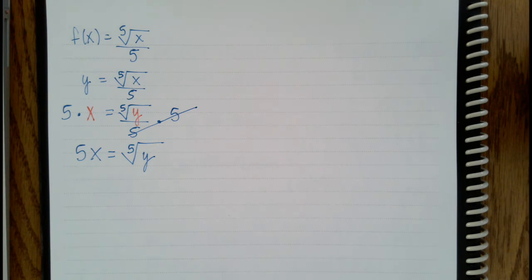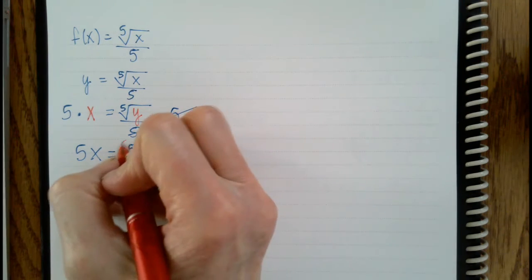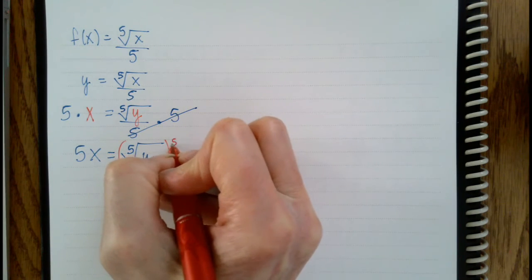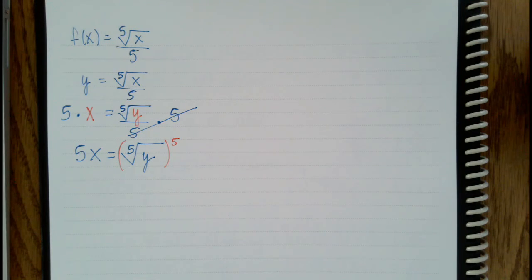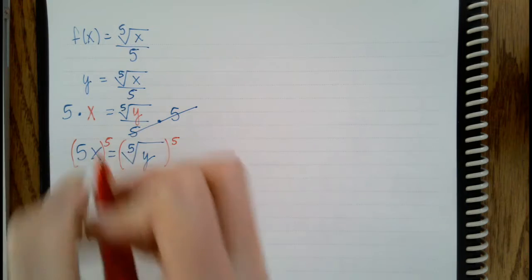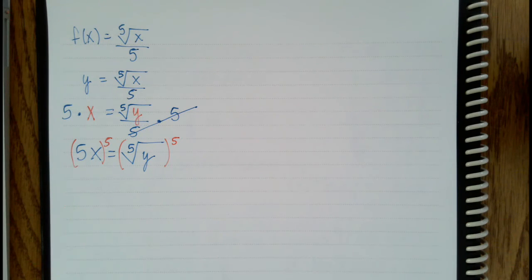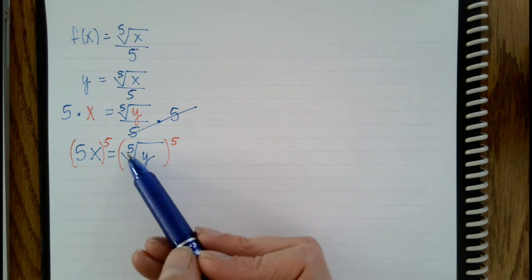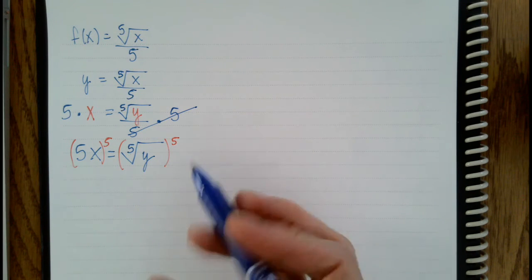So now we have to undo this fifth root, which means that we're going to raise the right side of the equation to the fifth power, and we're going to raise this side to the fifth power. But be really, really careful over here on this left side. On the right side, the fifth root and to the fifth power cancel each other out.